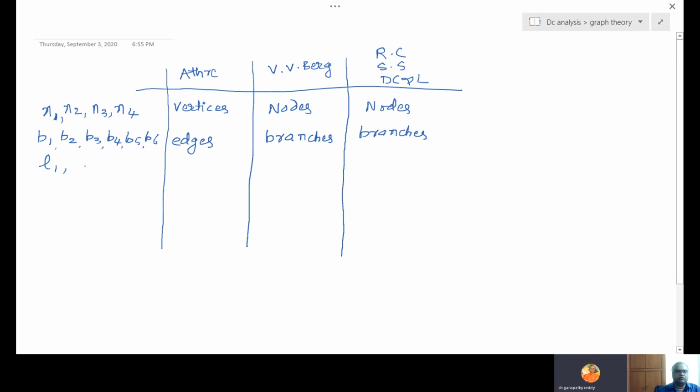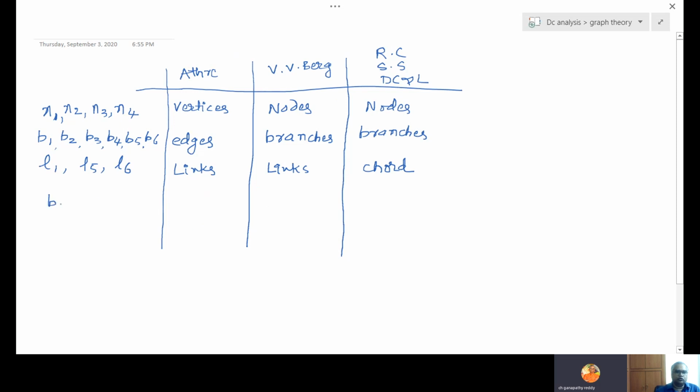Then L1, L5, L6, they are the links. Van Valkenburg also says links. But these authors are calling them chords, not curd.